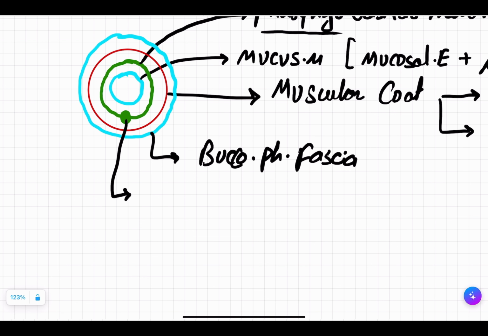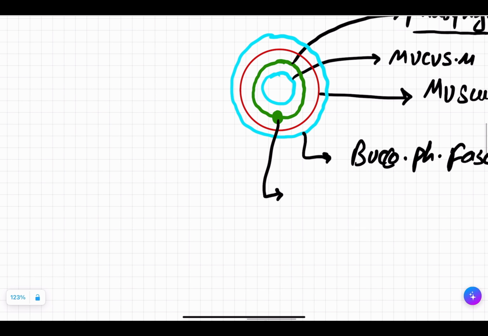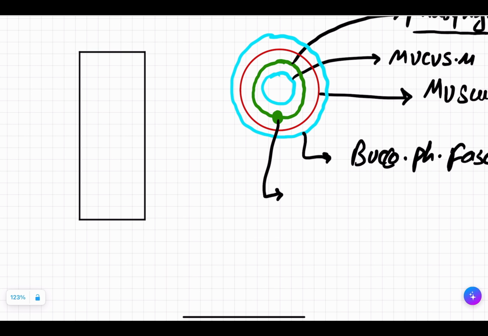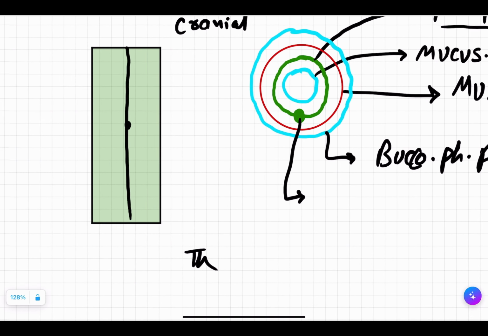If this is your pharyngobasilar fascia, this is longitudinal. Here you will have your cranial part, and here you will have your thorax. So always remember, this thickening is longitudinal and not just a point.